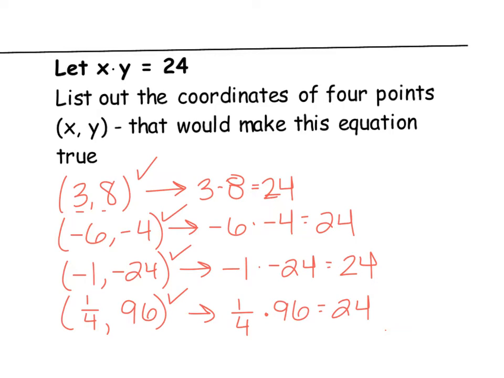And what you'll notice is that none of these have 0 as a factor. If we tried to multiply 0 times something to get 24, that's impossible. Nothing that we put in here will give us 24, because 0 has a special property called the zero product property, and that's what we're going to use to solve equations today.